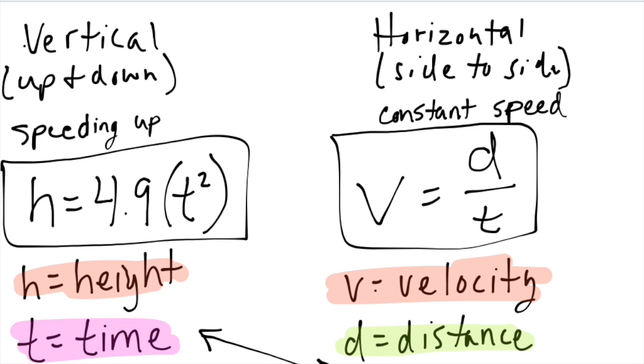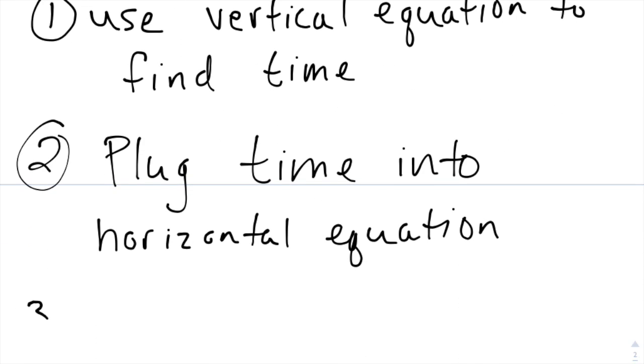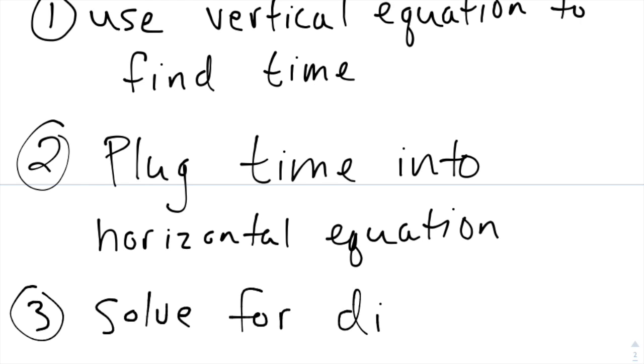I know that I'm going to be given the velocity. All I need to do is to plug the time in and then solve for the distance, and I'll know exactly where to put my cup. All right, so the last thing in here is solve for distance.